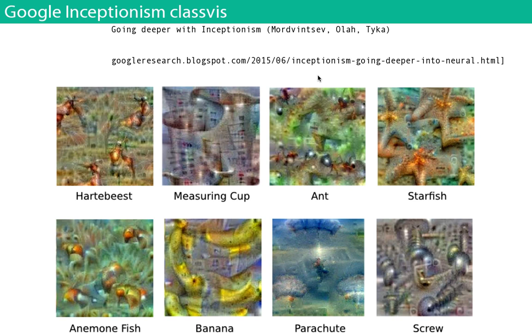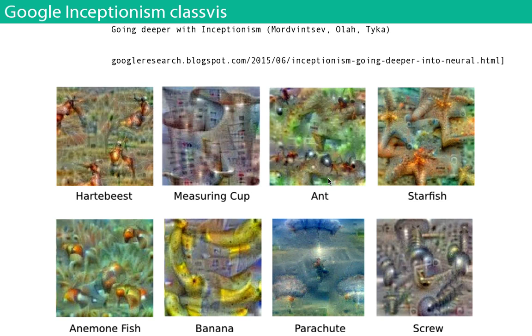For example, what image, if you sent it through a convolutional neural network, would be 100% dog, rather than just 70% dog and 20% cat? What would an image look like that made a neural network say, this is definitely a hartebeest, or a measuring cup, or an ant, and so on?